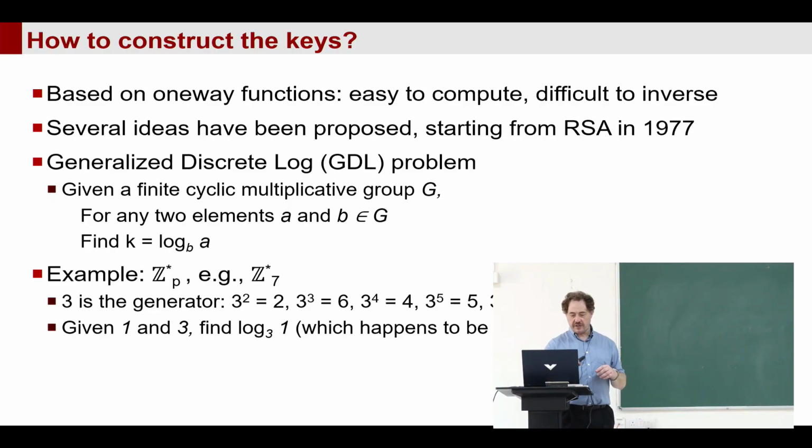For example, given 1 and 3, we need to find the degree to which we need to raise 3 in order to get 1. So in this group, it happens to be equal to 6, because 3 to the 6 is equal to 1. But the problem is how to find that 6. That's the problem.